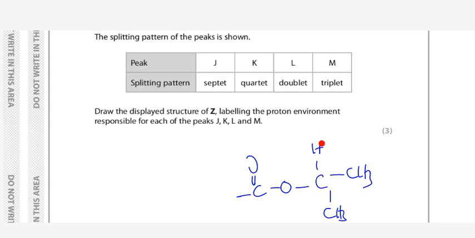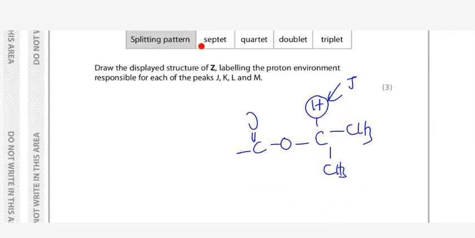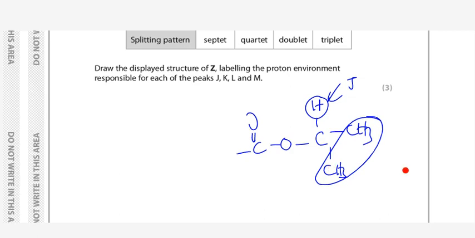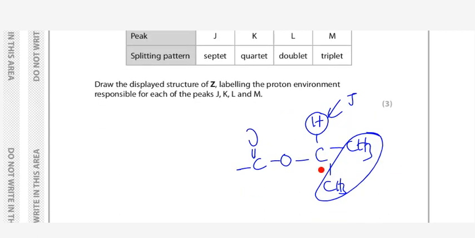This is J, because it is attached to the electronegative oxygen, and it has the septet, which is 7. The adjacent carbons give 3 plus 3, 6 plus 1, 7. That's the only possibility.